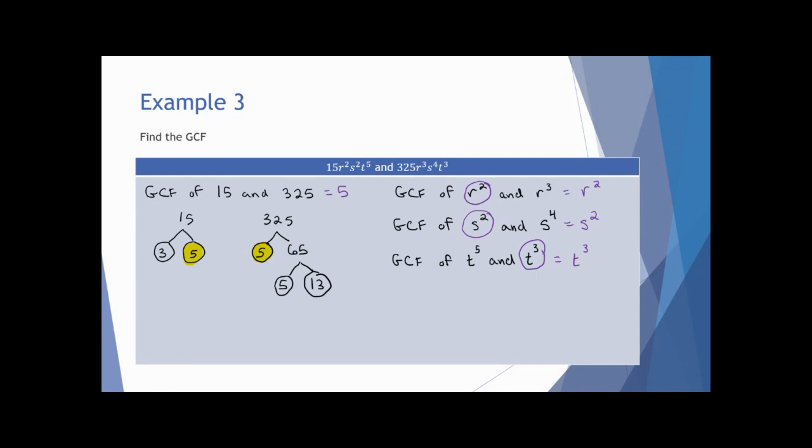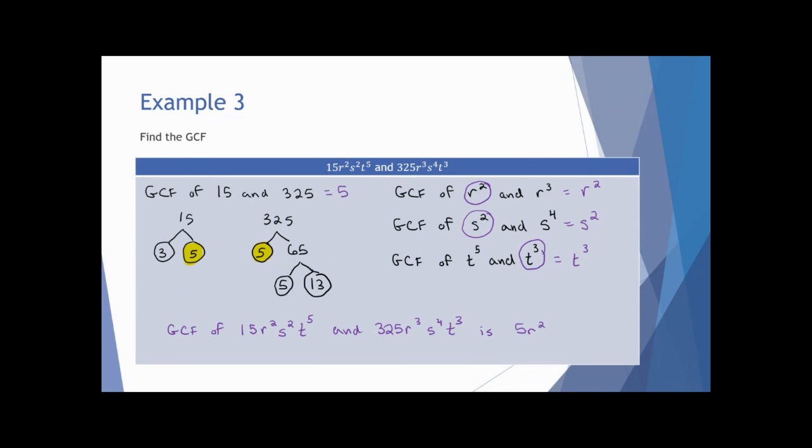So you want to stick all of these things together to get your final answer. So our GCF, greatest common factor of 15R squared S squared T to the 5th and 325 R cubed S to the 4th T to the 3rd is, let's write is, and I start with the number, so that was 5.